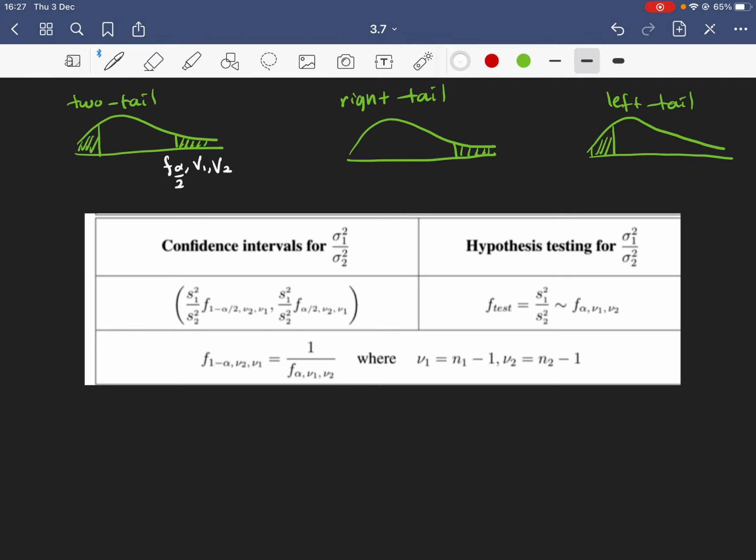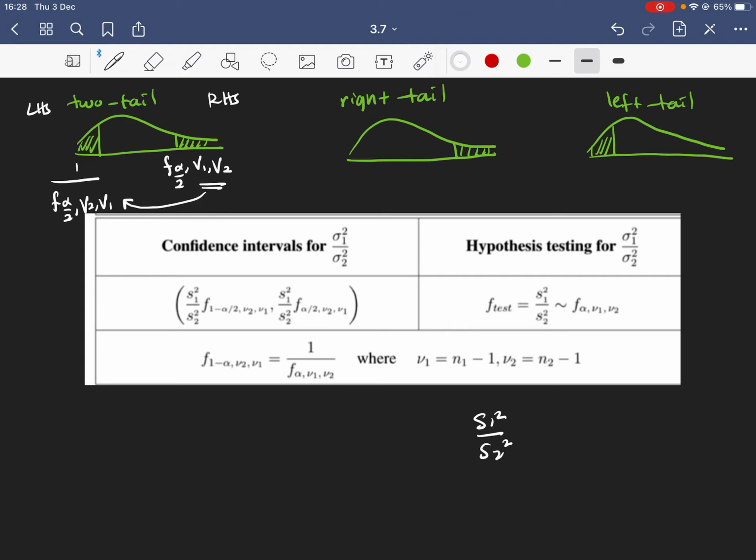Here you have S1 square over S2 square, so the position is nu1 and then nu2 for the right hand side. For the left hand side, you will have 1 over F alpha over 2, nu2, nu1. The position of the nu changes here, swapped around for the two tail case.